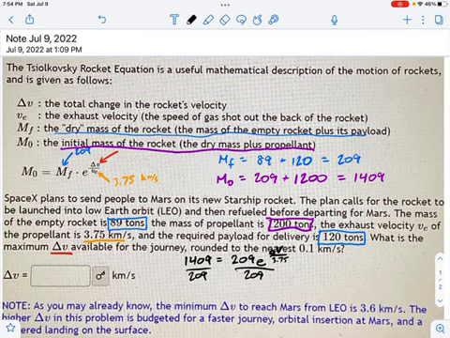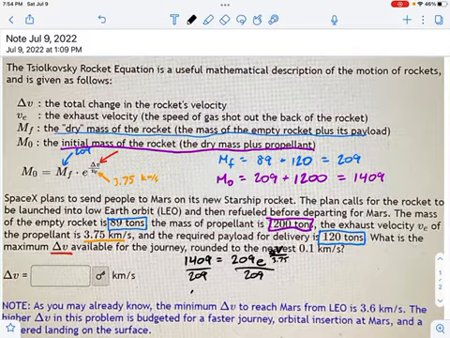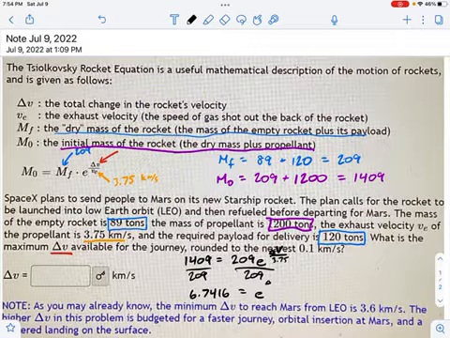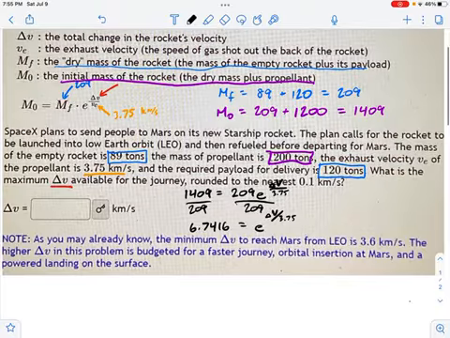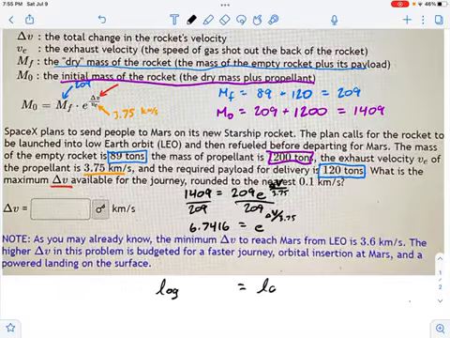1,409 divided by 209. That's 6.7416. I'm going to use lots of decimals. 6.7416 equals e to the delta v, that's the thing we want, divided by 3.75. Okay, so now all we have to do is take a logarithm of both sides. And what we're going to do here, let me just set up this idea of a logarithm of both sides.